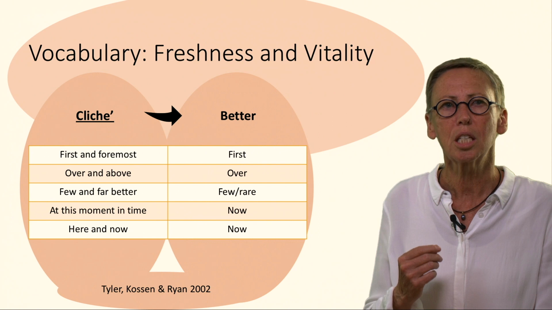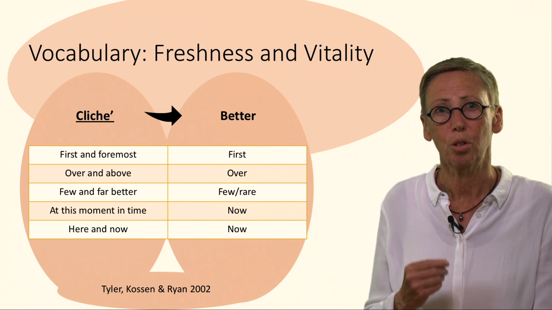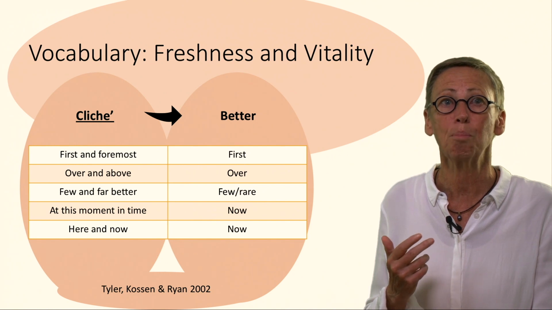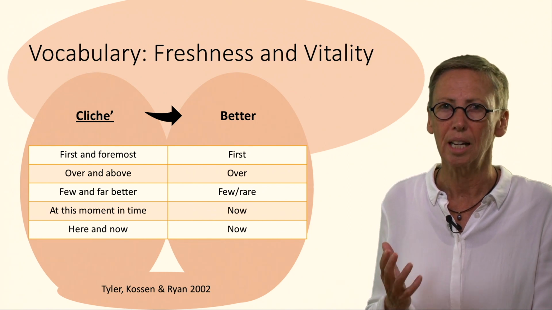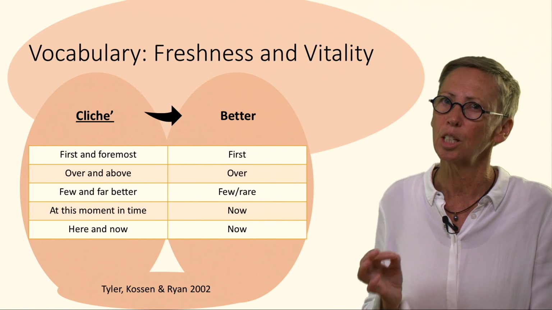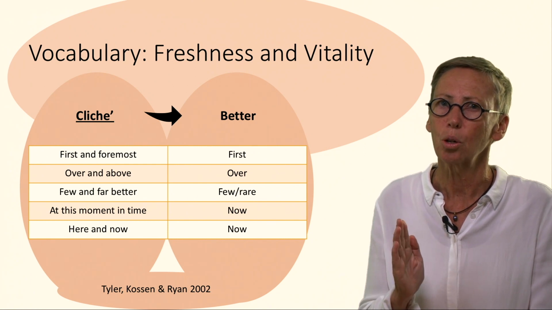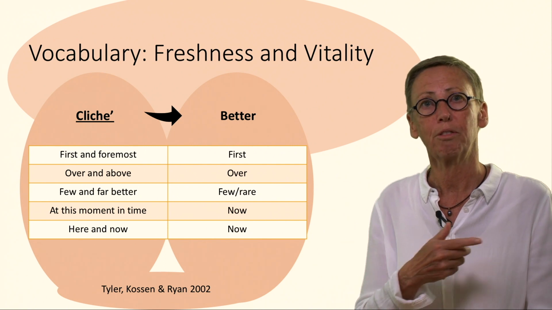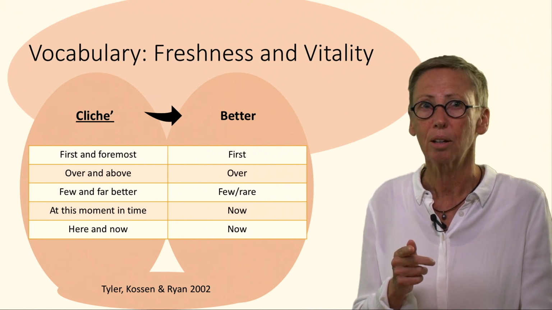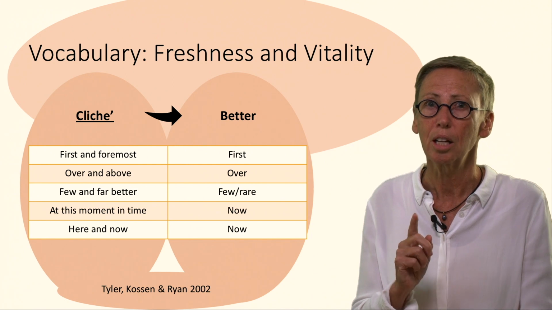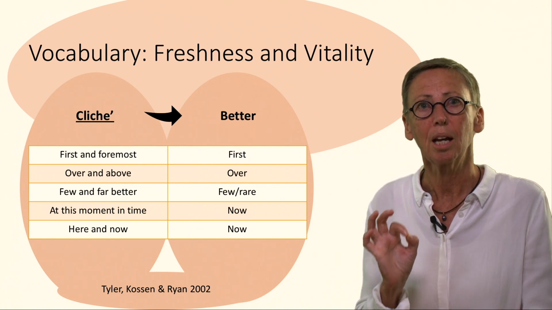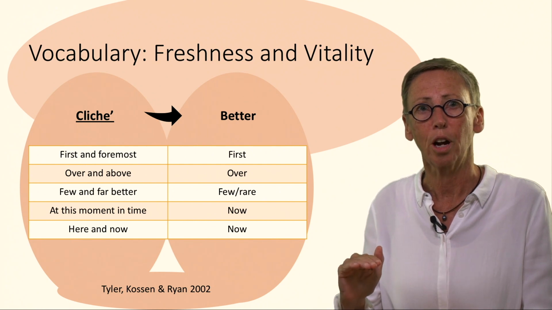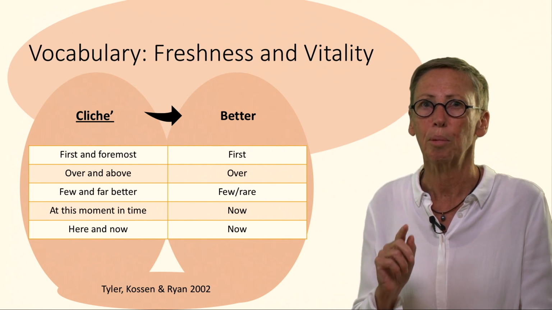So consider what you're using when you're going to use a cliche, even the better term. So at this moment in time, we could say now, or we could say contemporary. But be careful, if you're saying now or contemporary, and then you've got literature from 15 years ago, it's not now. That's 15 years ago, okay? So be careful that your topic aligns with what you're talking about and aligns to the time frame. Okay? So there are a couple of really good hints.